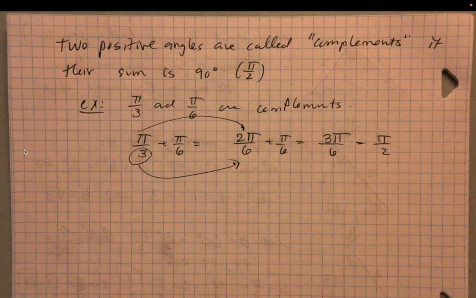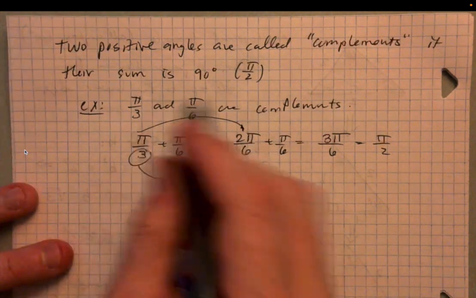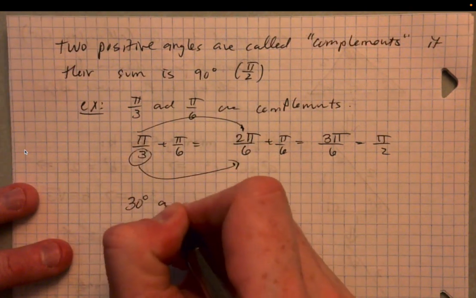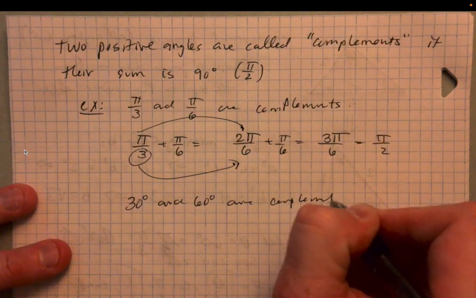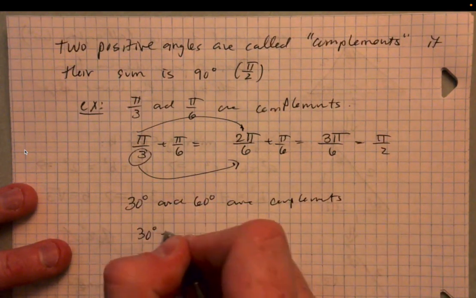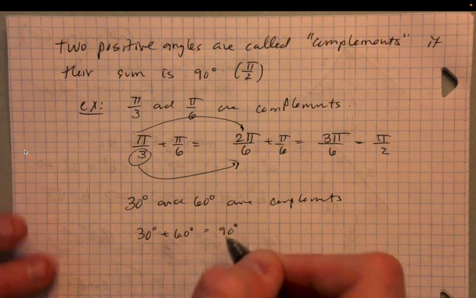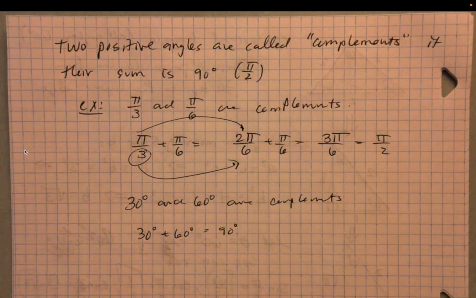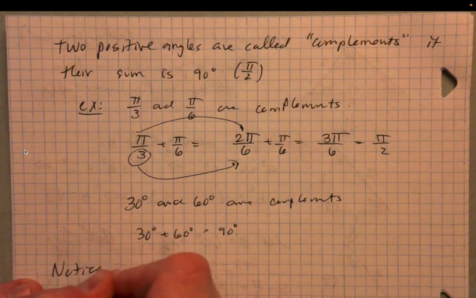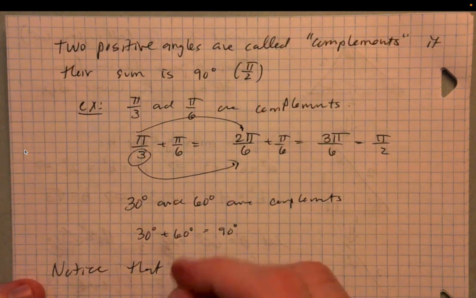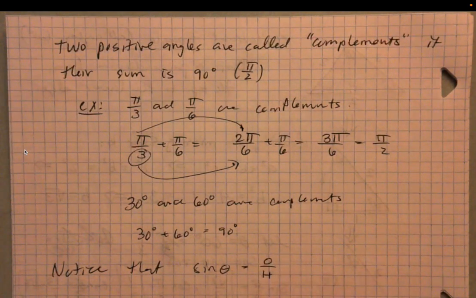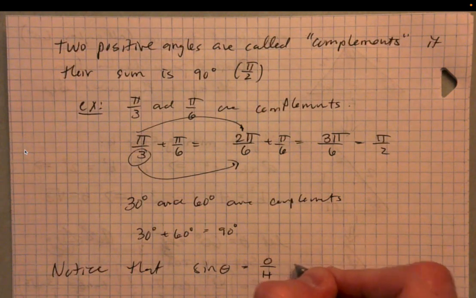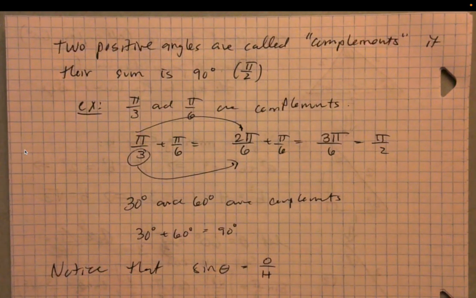Okay, and equivalently, you could say 30 degrees and 60 degrees are complements. Right, obviously 30 degrees plus 60 degrees equals 90 degrees. So notice that the sine of theta, which is equal to opposite over hypotenuse, let me draw this triangle here.